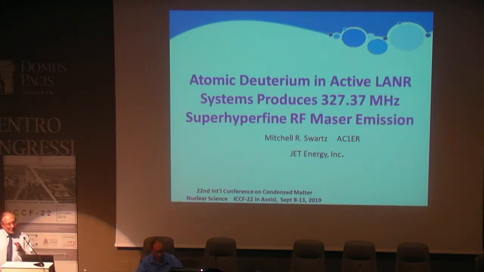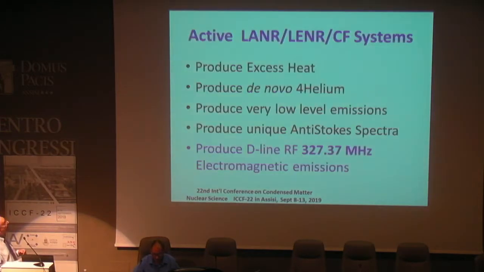So I'm going to spend a couple of minutes reviewing the pictures from the three papers so you can get a better idea of how it all fits together. This is an important subject, I think, because we know that active lattice-assisted nuclear reaction components produce excess heat, de novo helium, low-level emissions, and as I've shown over the last 3 years, anti-Stokes spectra that are unique to the active state.